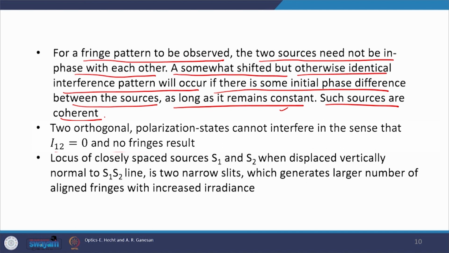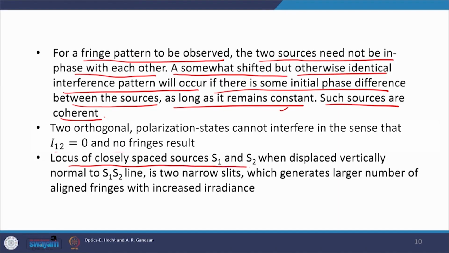And when the interference term is 0, you will see a uniform illumination on the screen, on the observation plane. We will not be able to see a fringe pattern, although interference is happening there too, but due to the cross polarized nature of the interfering waves, the fringes will not be there.